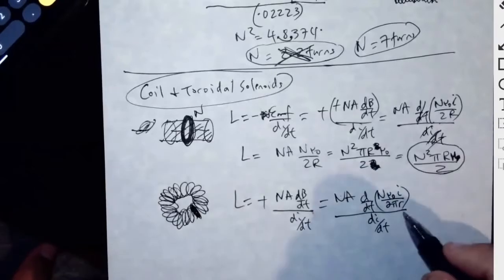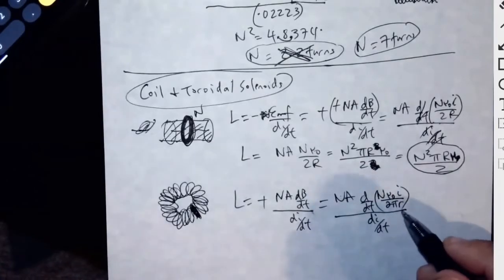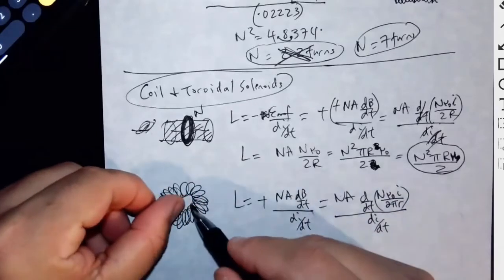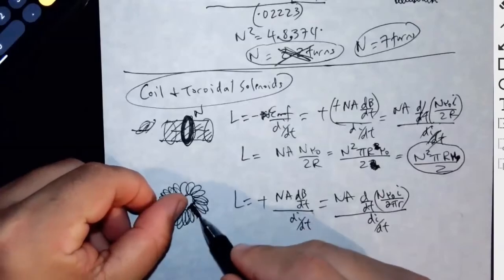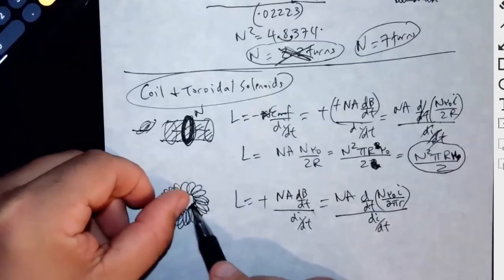Right? So in order to get a value without having to integrate, because technically we should be integrating because the R here is different than the R here. You see, you're further out from the center.